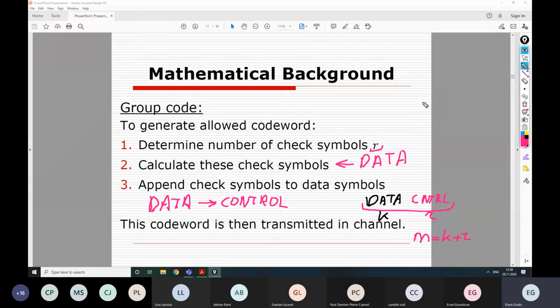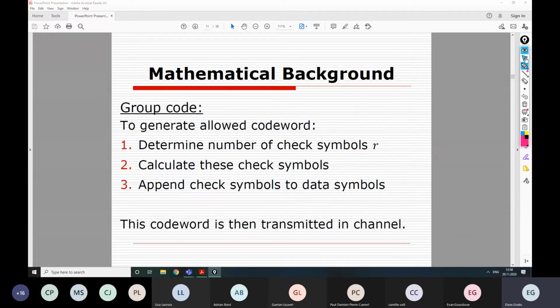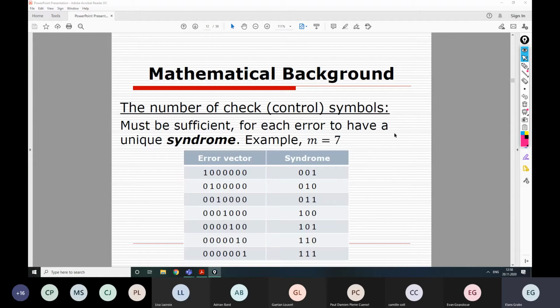And this code word is what we transmit, receive, and find errors in, and correct if we are capable of that. So, how many control symbols or check symbols do we need? Well, it actually depends on the number of errors to be corrected. Let's consider, for example, the case of 7 symbols to be transmitted, which include both data and control.